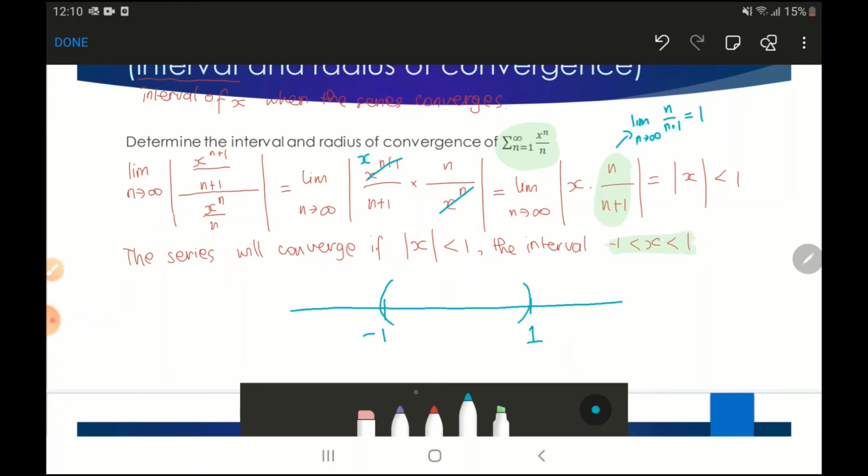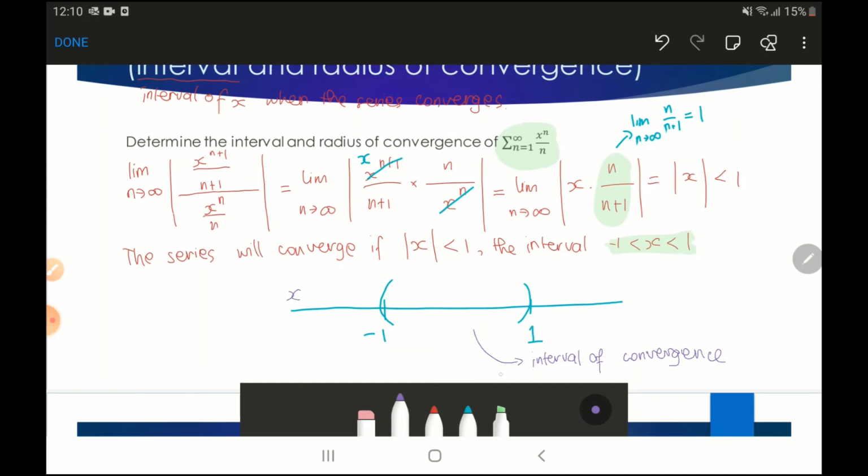So this is the interval of convergence, and this is x.